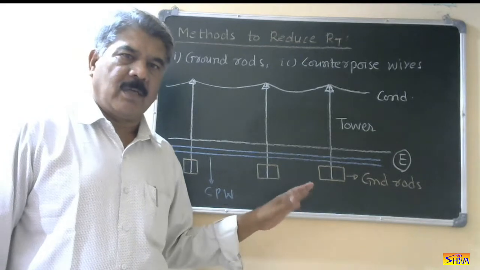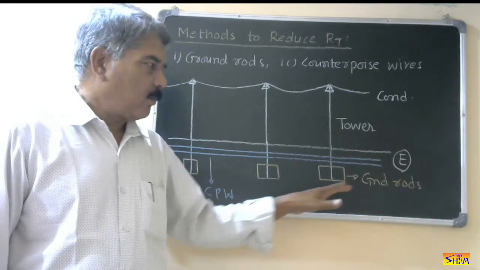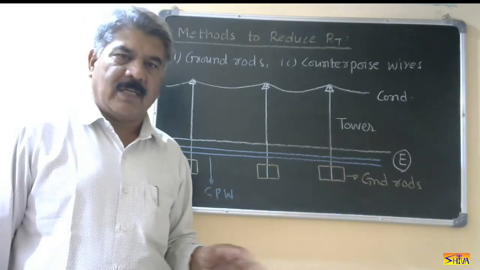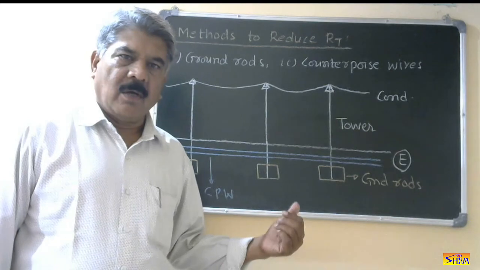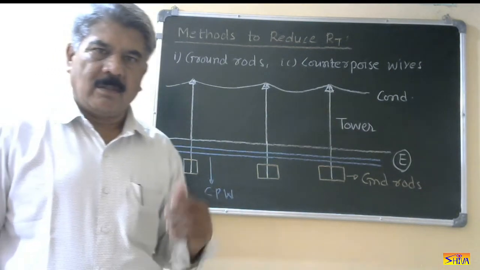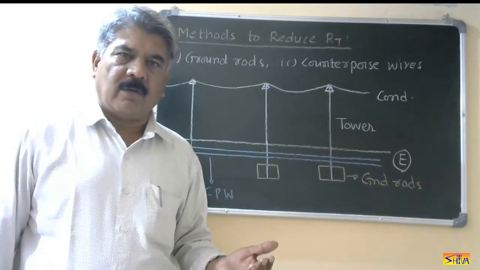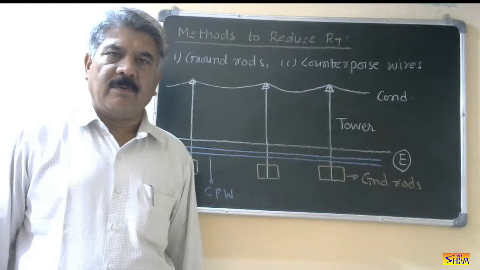So by using the ground rods and counterpoise wires, we can reduce the tower footing resistance. And you have seen just now what is the effect of reducing the tower footing resistance. The magnitude of tower top voltage will reduce and this will avoid the possibility of back flashover.